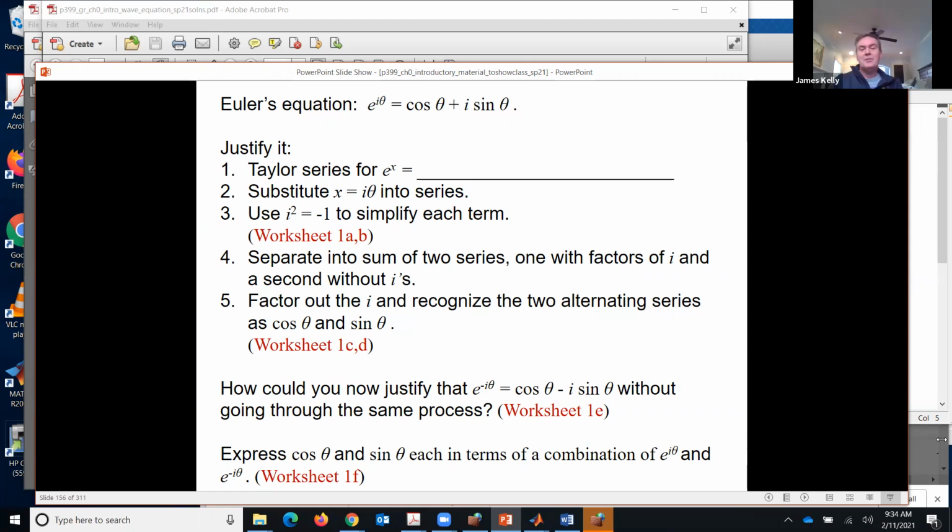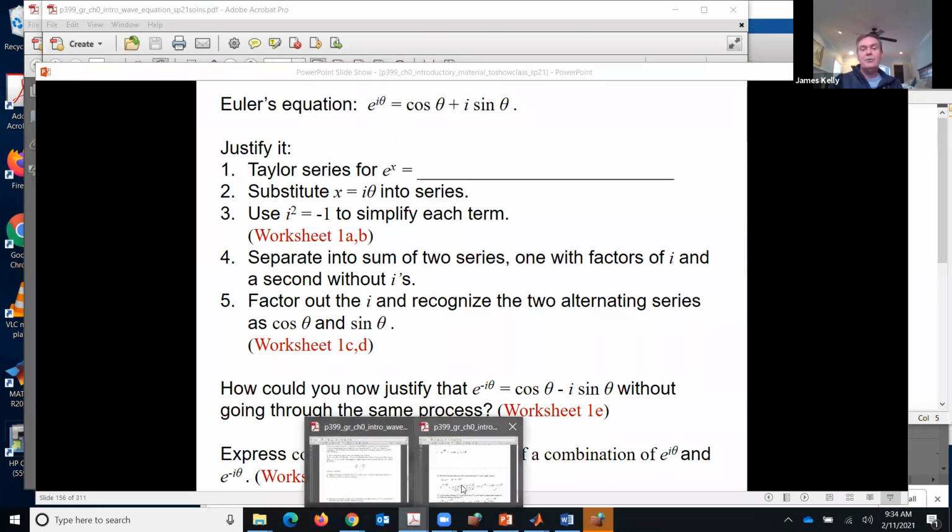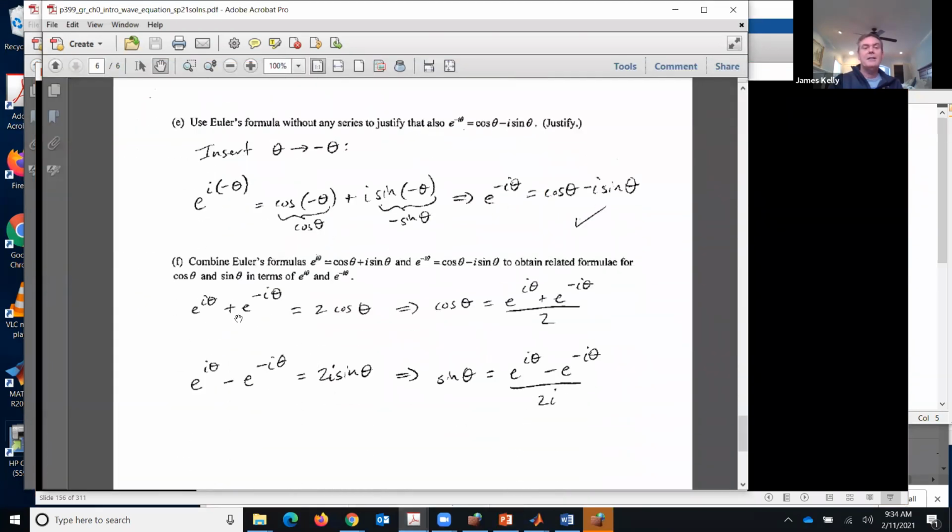Yeah, I mean, the same way we always saw, I've got this solved for the exponentials, but if I add these two equations together, I can see I've got an I sine theta and a minus I sine theta. They're going to cancel out and I'll get a 2 cosine theta on the right-hand side. So if I add them and divide by 2, let's go back to my solution sheet. I think that's the next thing on here.